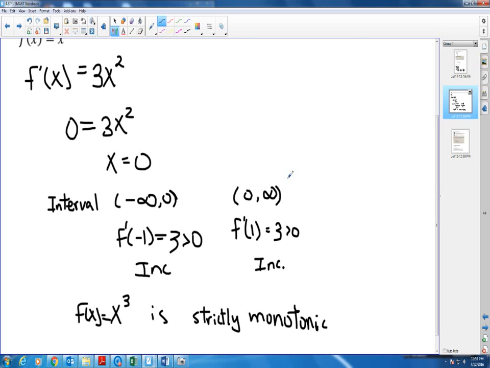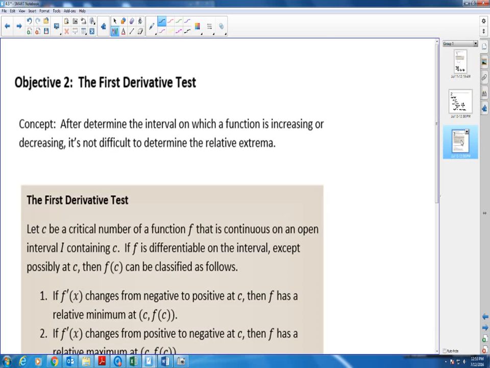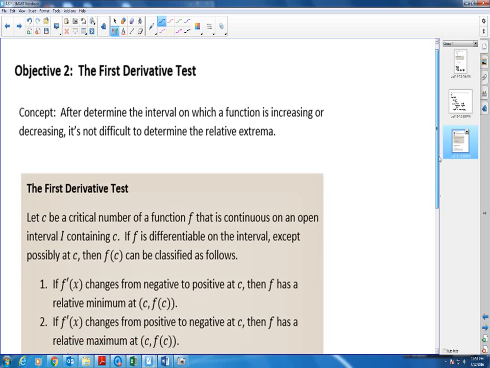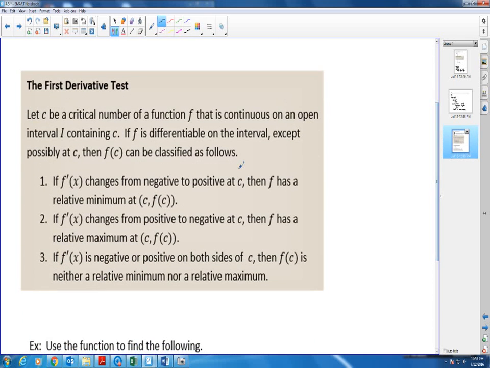Alright, so let's see what the first derivative test is all about. After we see which intervals are increasing or decreasing, it's not difficult to determine the relative extrema. The first derivative test says if f prime of x changes from negative to positive at a c, and c of course is inside the interval, then f has a relative minimum at (c, f(c)).